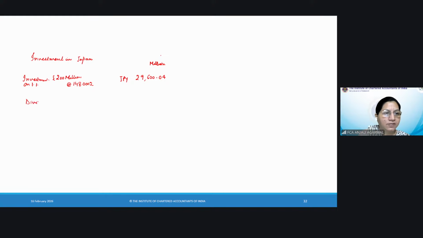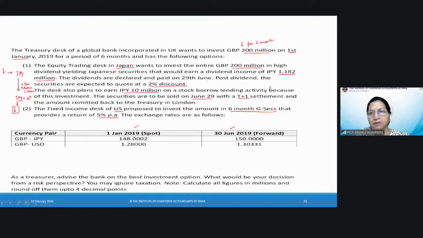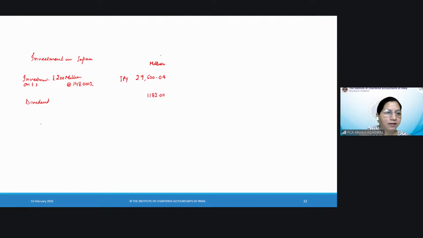Dividend that you are going to receive is 1182. This is also 1182 million. And another return from borrowing and lending of securities is 10 million.